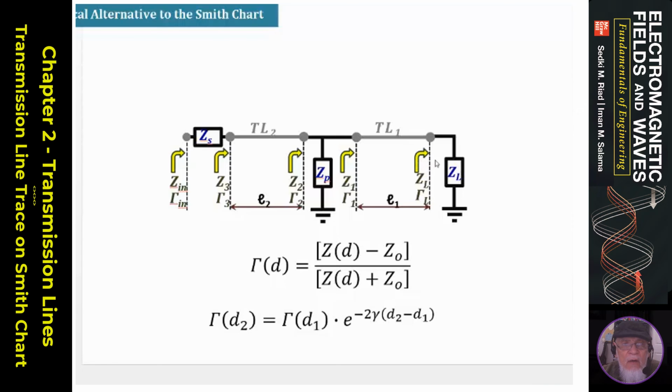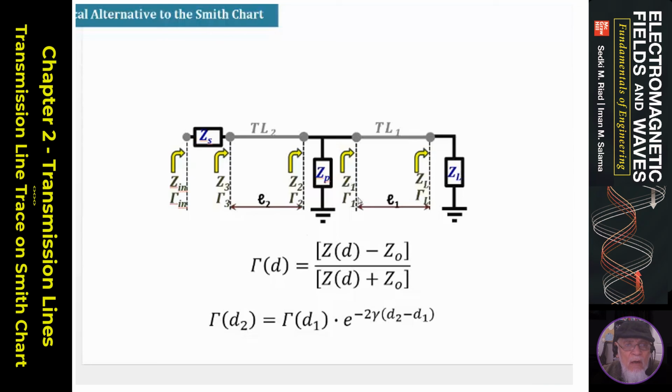I already know the difference between the two D's. D is equal to 0 here, and D is equal to L1 right there. So D2 minus D1 would be L1. Knowing gamma at the load, I can get gamma at the first location.